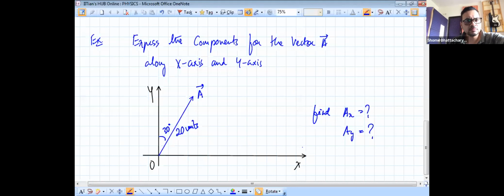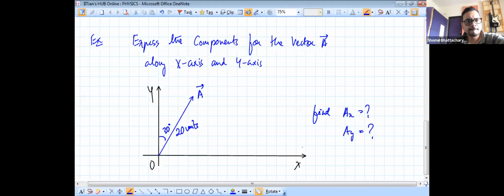Dhyaneshwar, your answers are correct, but you have to give the values. You've just given the values of sine theta and cos theta. Dhyaneshwar, you have to give the values of the x component and y component. You have only given the values of sine theta and cos theta.